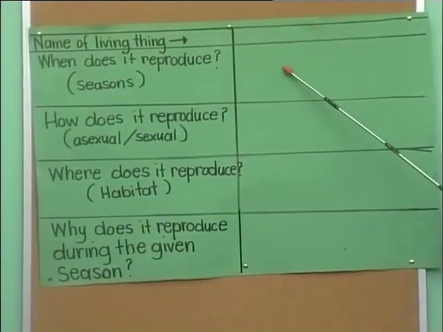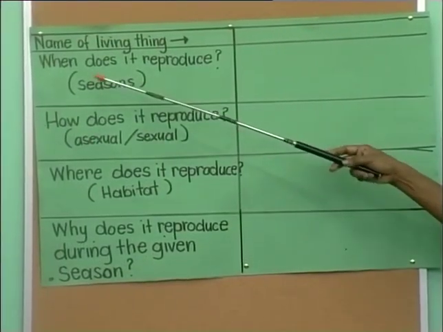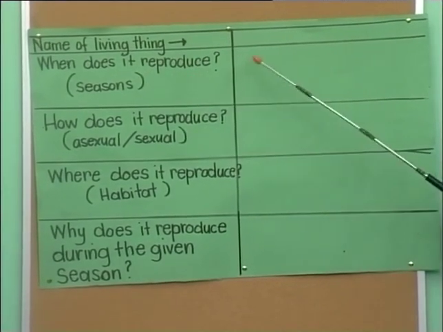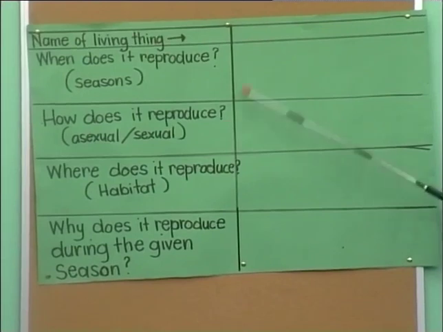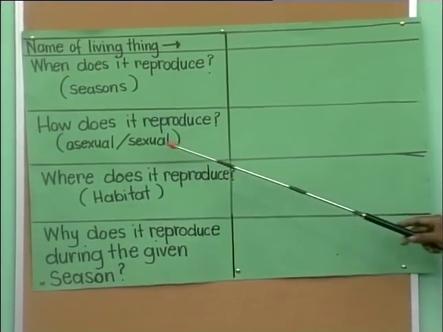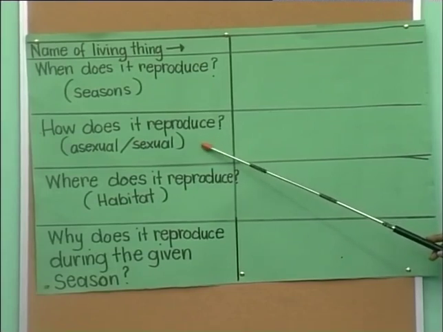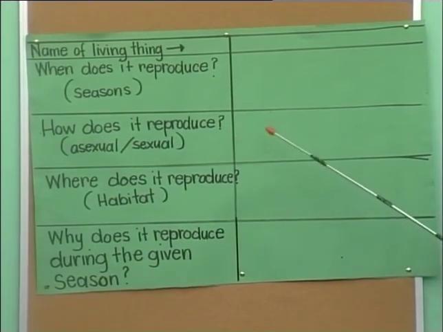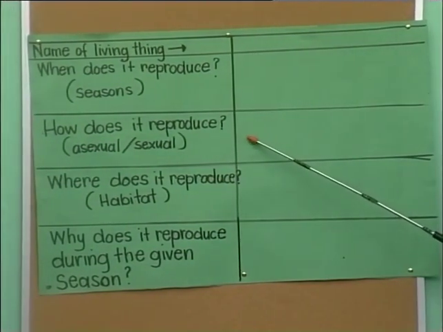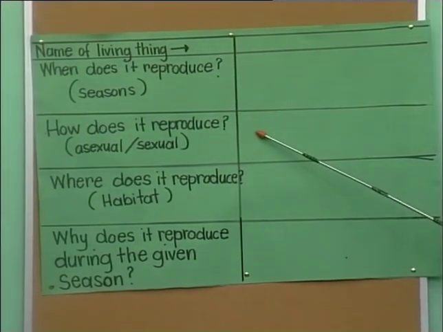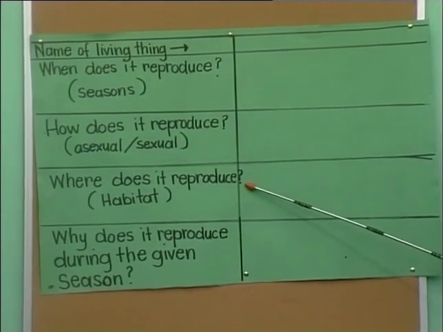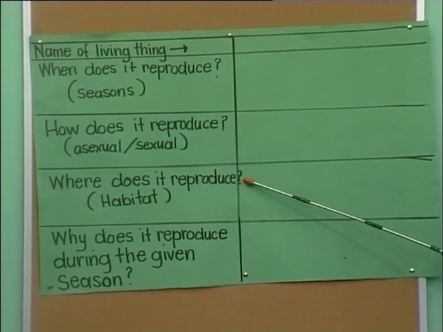Now, you are going to find out or write about when this living thing reproduces, how it reproduces, asexually or sexually. Don't just write the word asexual or sexual. You have to have more to say about how it reproduces. Where it reproduces, the habitat. Say more about the habitat that it reproduces in.